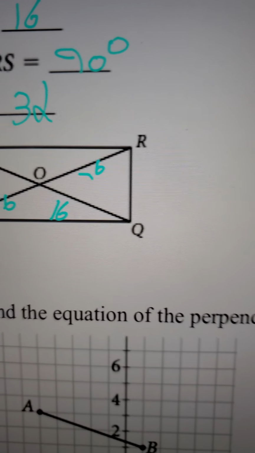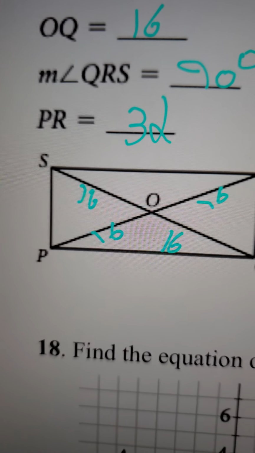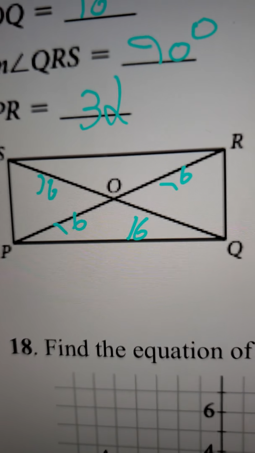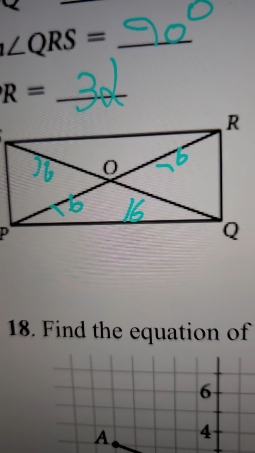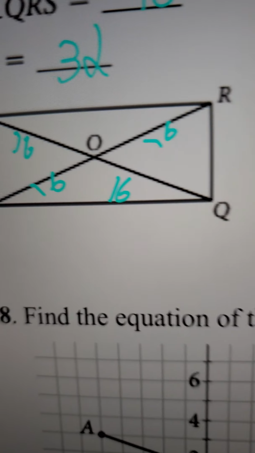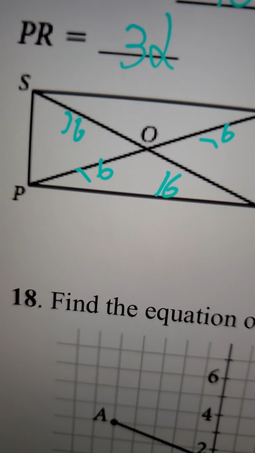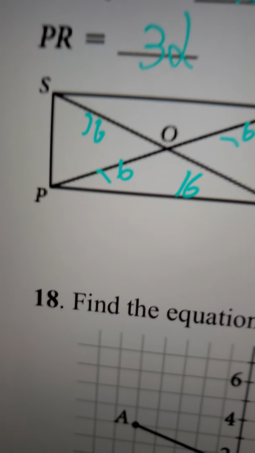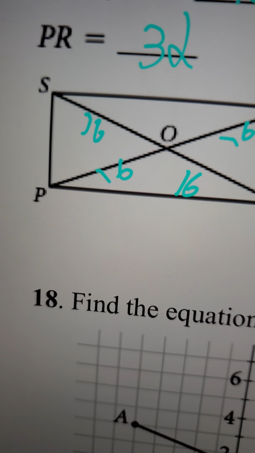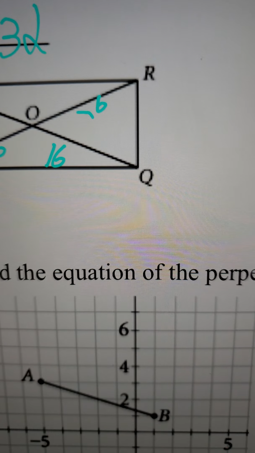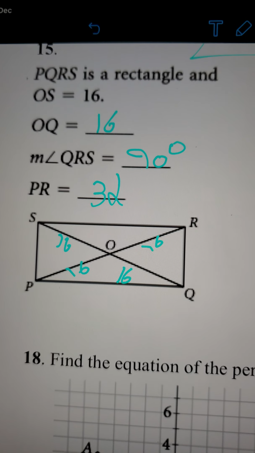Well, OS, where is OS? Right here. This is 16. Well, we know that the O is basically the midpoint, therefore these are angle bisectors and midpoints. So if this is 16, then OQ is 16, and that's what we have.